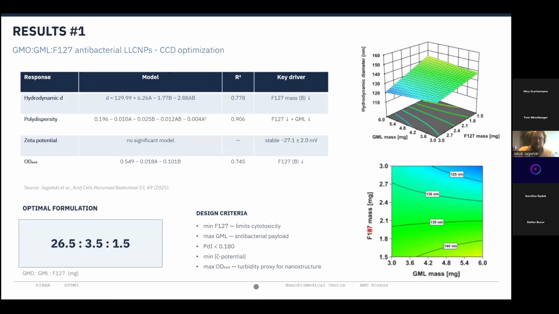Another result, from more recent work. Here you can see how we employed a central composite design to optimize the formulation of antibacterial lipid liquid crystalline nanoparticles based on glycerol monolaurate and glycerol monooleate, and pluronic, again F127, as the steric stabilizer.